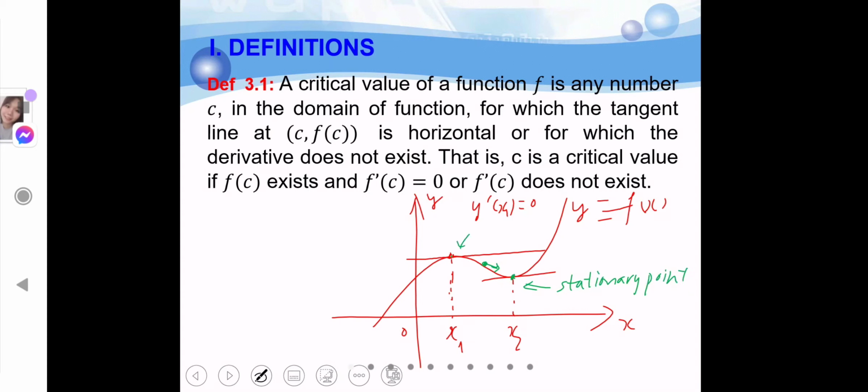The same for this stationary point, because the curve moves upwards and then moves down at this point. It is fluctuant at this point.